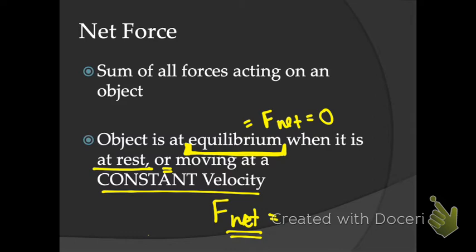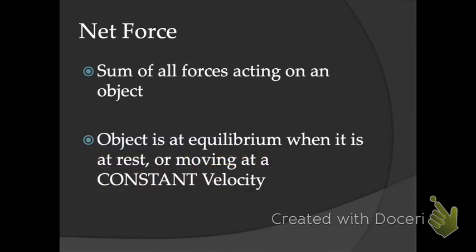So equilibrium is the same as saying my net force is equal to 0. Remember, we could be talking about at rest vertically, or at rest horizontally, or whatever we're looking at here, but we can see two different scenarios.